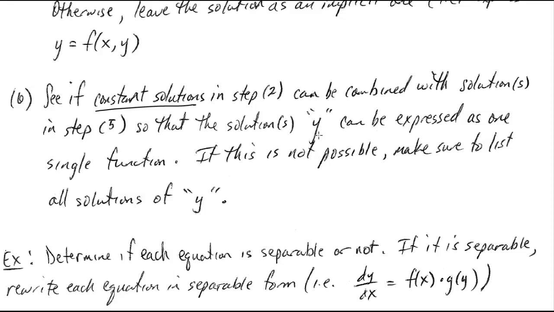And so you're going to see examples where we will have solutions that are only constant, solutions that are only non-constant, and then some solutions that are both constant and non-constant. And sometimes we may not be able to wrap the constant solutions in the non-constant solution.